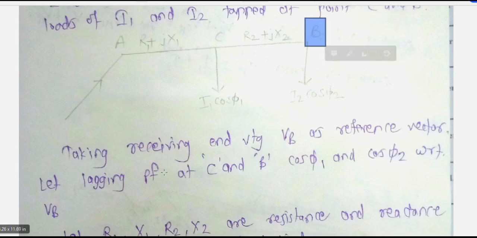let the lagging power factors at C and B be cos phi 1 and cos phi 2 with respect to VB.